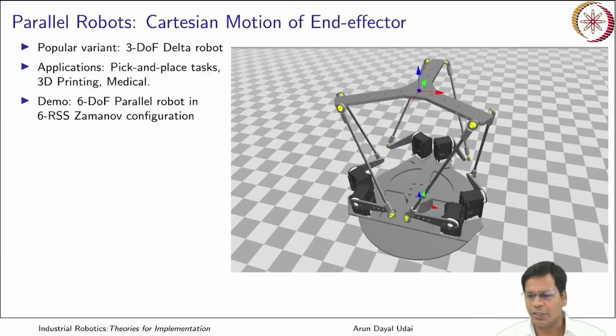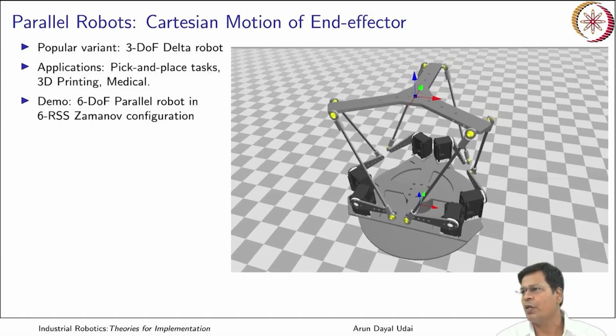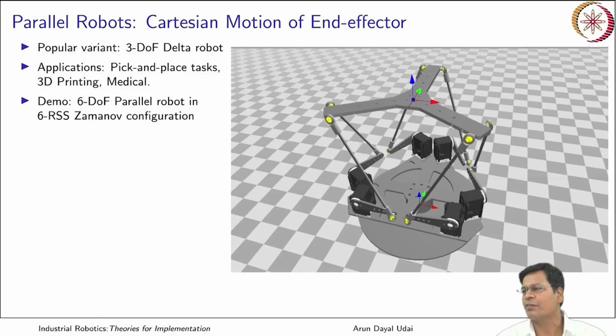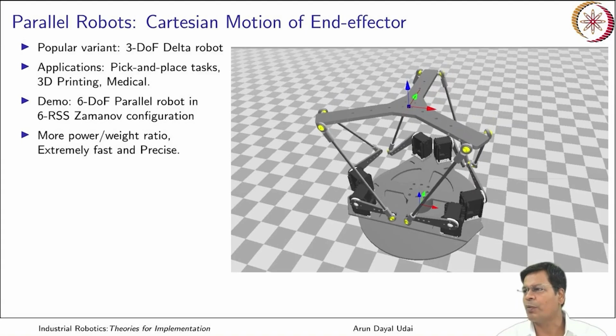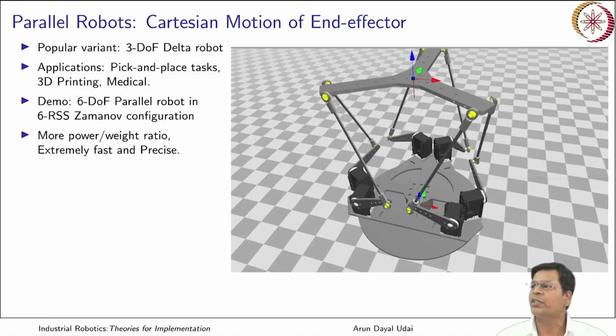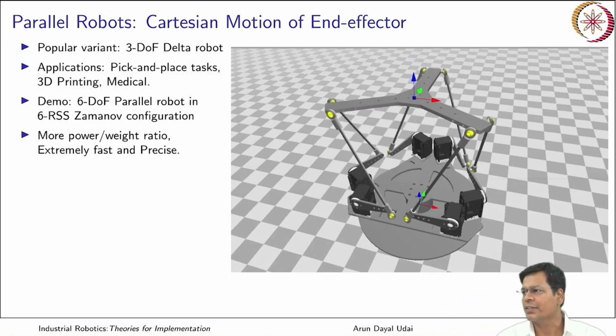So the configuration shown here is a 6 degrees of freedom parallel robot in 6 RSS Jamanov configuration. You see all the 6 actuators are moving simultaneously. There are no actuators mounted on the links, so your links can go very light in this case.